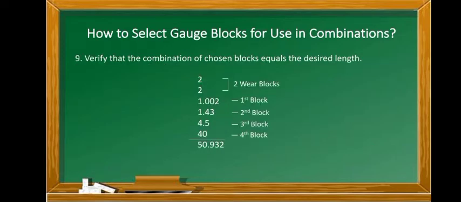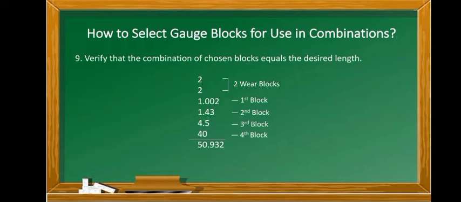So again, to verify that the combination of chosen blocks equals the desired length, let's double check. So 2 plus 2, so mao ni ang 2 wear blocks, plus 1.002 ang atong first selected block, plus 1.43 our second selected block, plus 4.5 our third selected block, and plus 40 the fourth selected block is equals to 50.932.